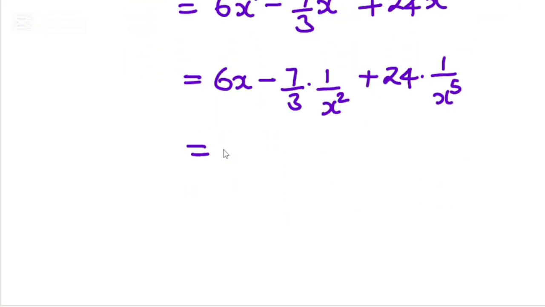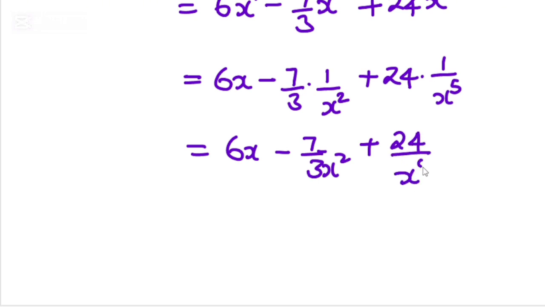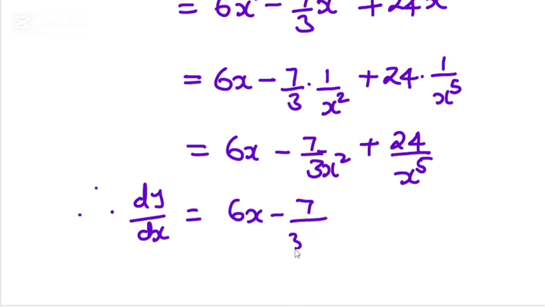So we have 6x minus 7 times 1 is 7 over 3x squared, then plus 24 over x to the 5th power. So therefore, dy over dx is equal to 6x minus 7 over 3x squared plus 24 over x to the 5th power.